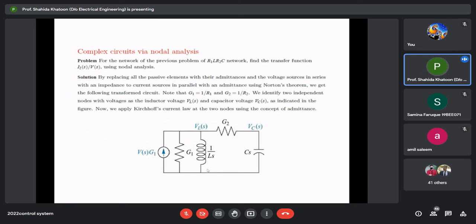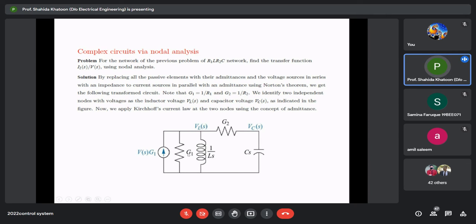So let us do a numerical problem. Suppose this is the given circuit, an R1 L R2 C network. Find the transfer function I2(s) upon Vs using nodal analysis.